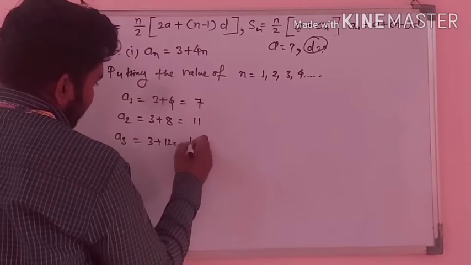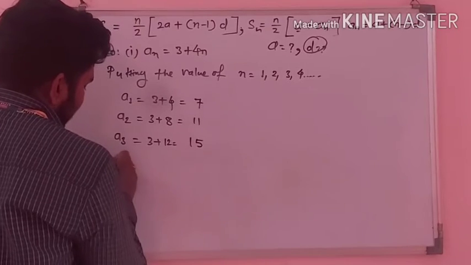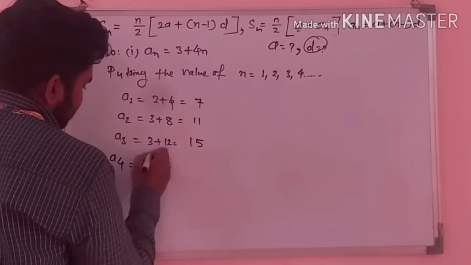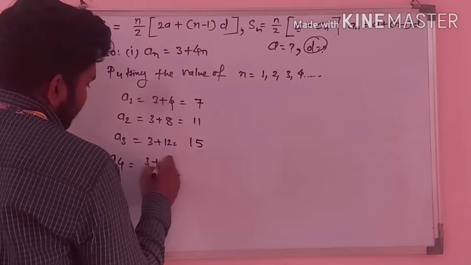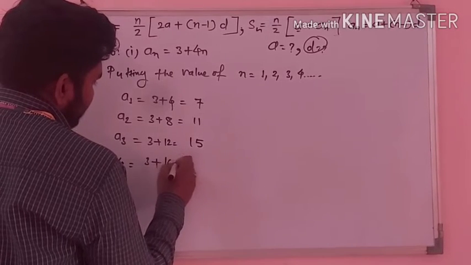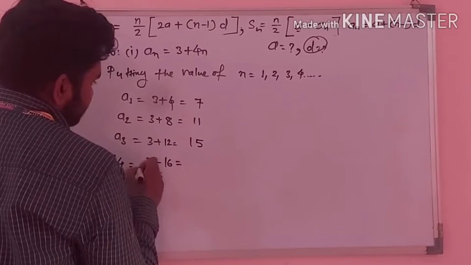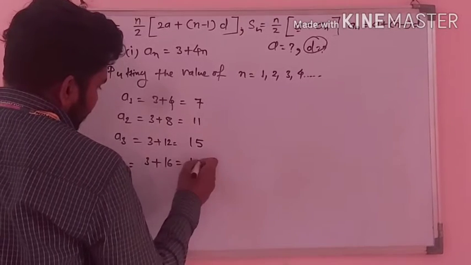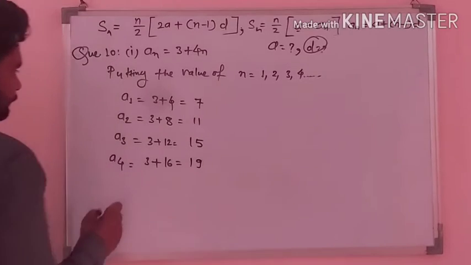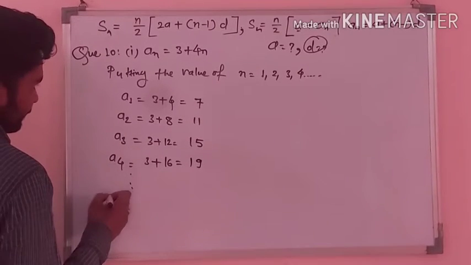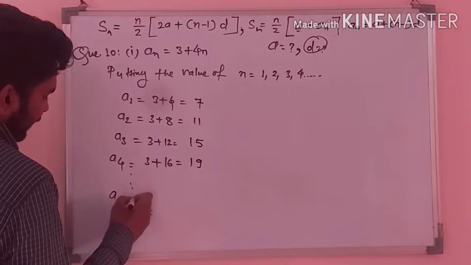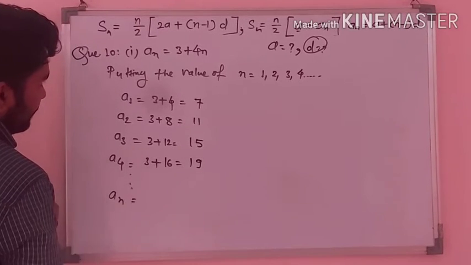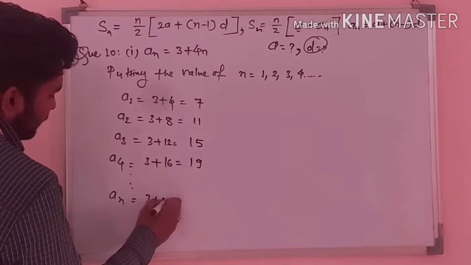and a4 is 3 plus 16, that is 19. Okay, so going on like this, this one becomes an is equal to 3 plus 4n.